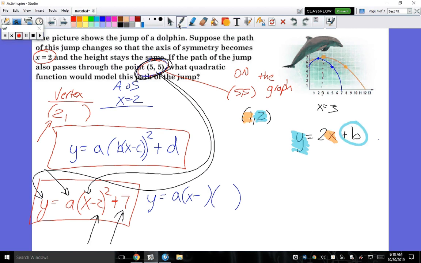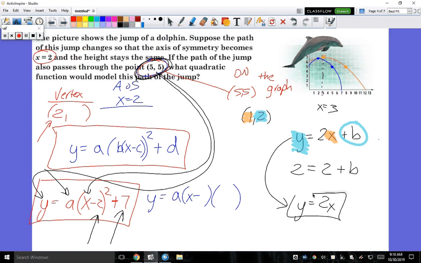You with me? So if you plugged in 1 for x and you plugged in 2 for y, what would b end up becoming? 0. So you would take this equation and it would just be this, because you used a point to get that. That's exactly what we're doing here, but we're using it to find compressions and stretches and stuff.